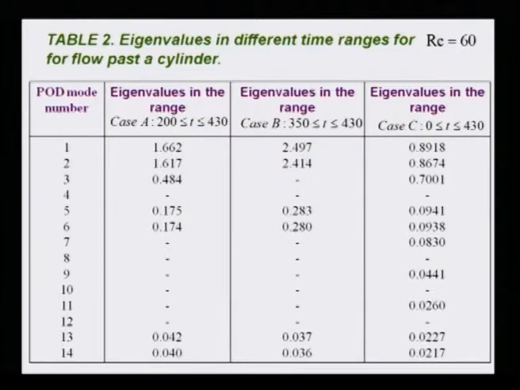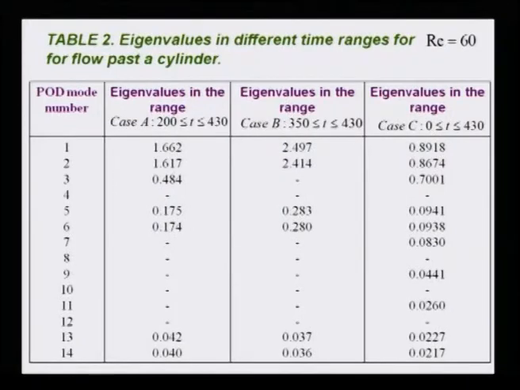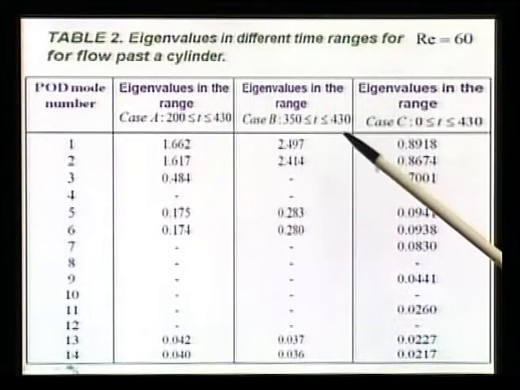So, let us focus our attention on this flow past a cylinder at Reynolds number of 60. We have done a simulation from, let us say, 0 to 430. That I will call case C. So, that is the full time trace. What can we look at?